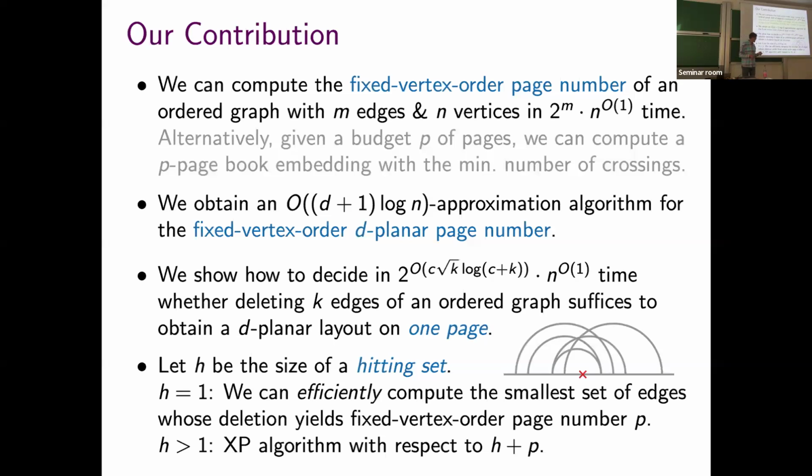And if for such instances, basically where your graph is bipartite, then we can solve the problem efficiently. But if the hitting set is larger, then we have an XP algorithm with respect to the parameter h plus p. So the number of points in your hitting set plus the number of pages.